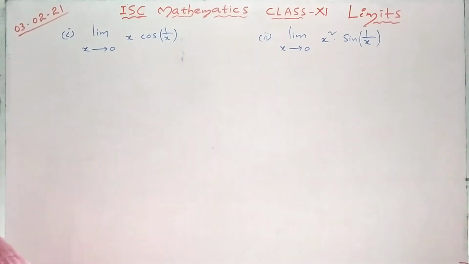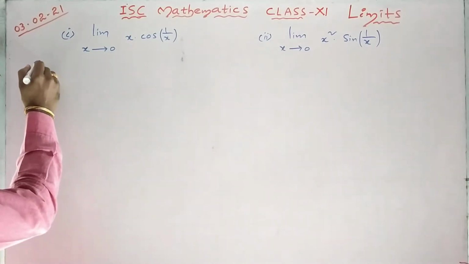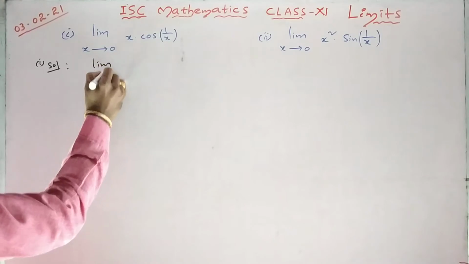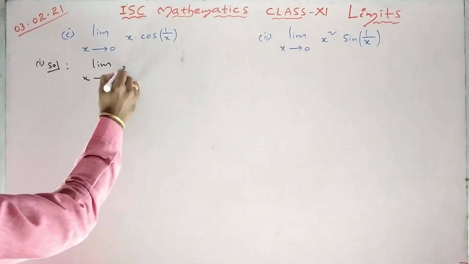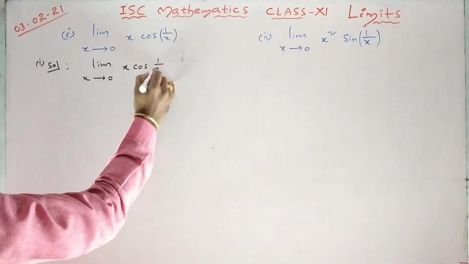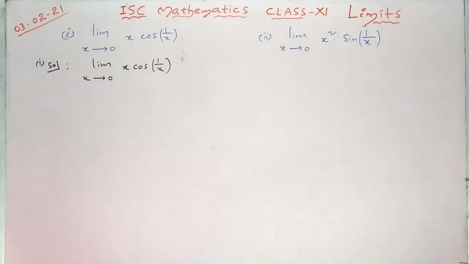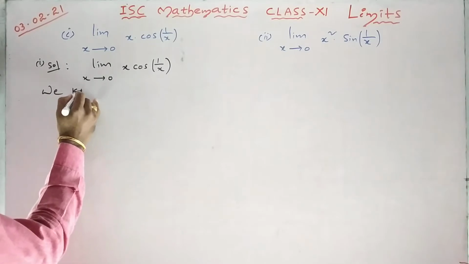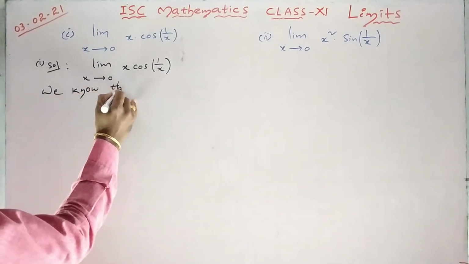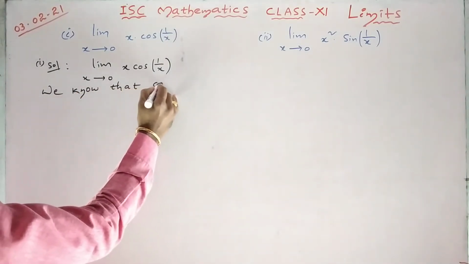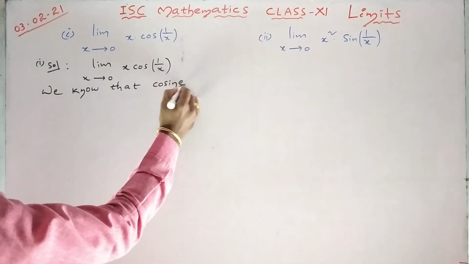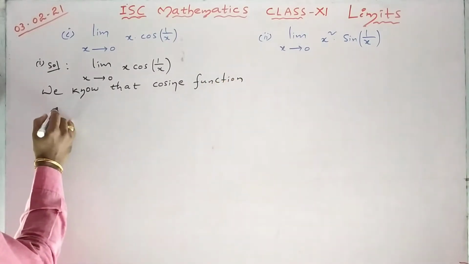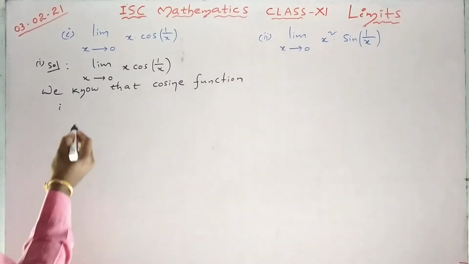Look at these problems. First question, first one solution. Limit x tending to 0, x cos of 1 by x. For doing this problem, we know that cosine function is a bounded function, right?